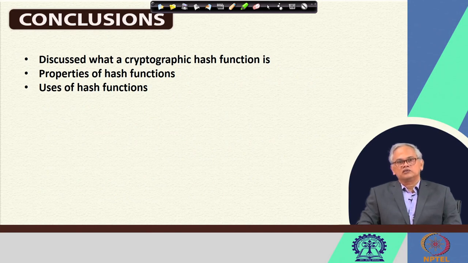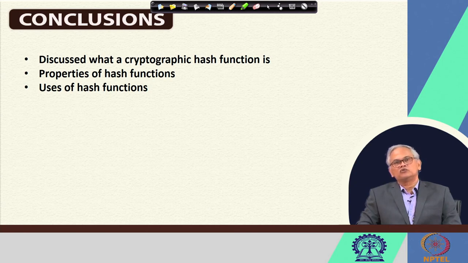So, to conclude this lecture, what we have seen so far is that we have discussed what is meant by a cryptographic hash function, what its definition is. We have also seen certain properties of hash functions that need to be satisfied so that they are of use, and also how hash functions can be used, for example, for storing some message in the form of digests, and comparing two messages by their digests.